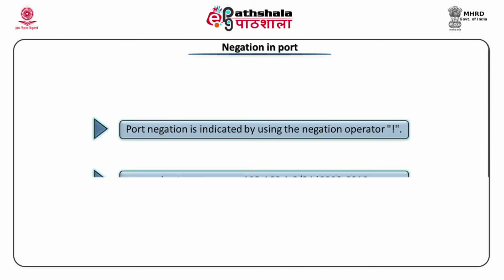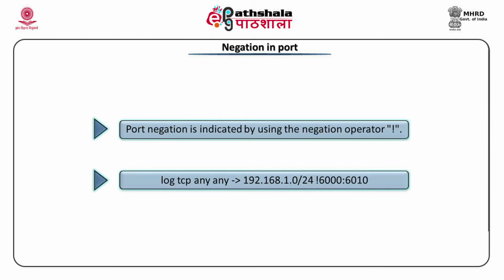So, it logs all the TCP traffic from privileged ports less than or equal to 1024 going to ports greater than or equal to 500. So, source port is from 0 to 1024 and destination is 500 and greater.